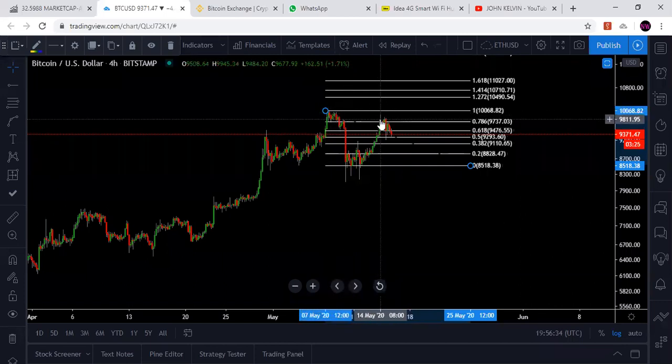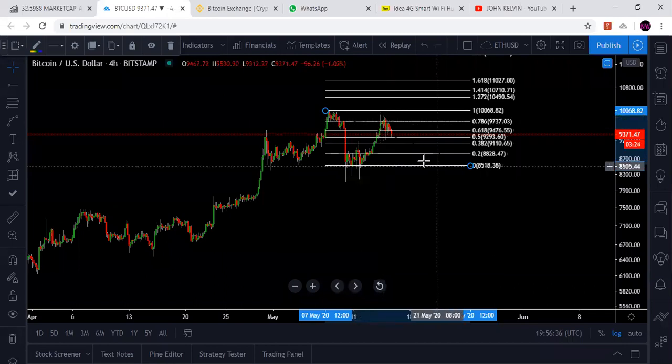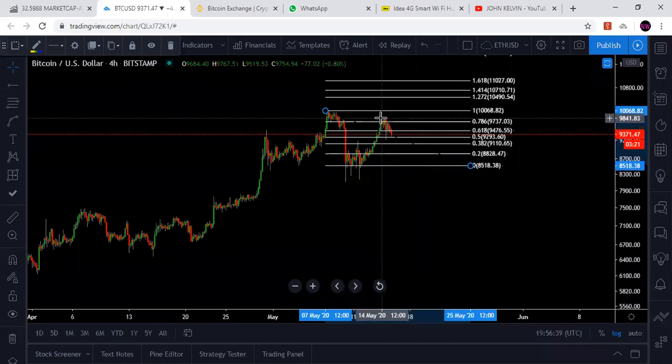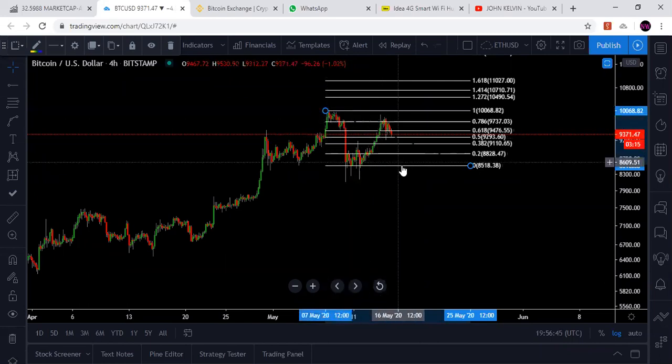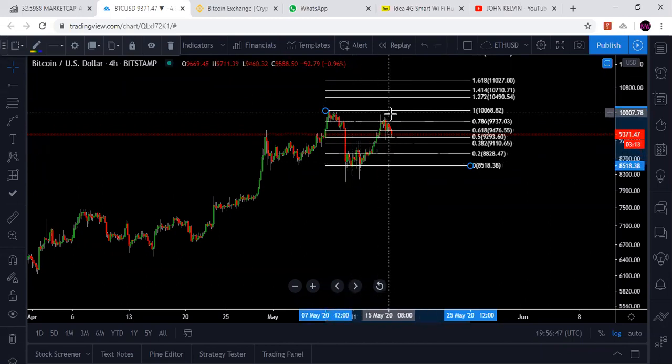Once it gets to the top, your calculations are not right. So that is our C. Our C is calculated by using the X, drop it down to the B. Then your C will be from 0.618 up to 0.786, halfway to 1.